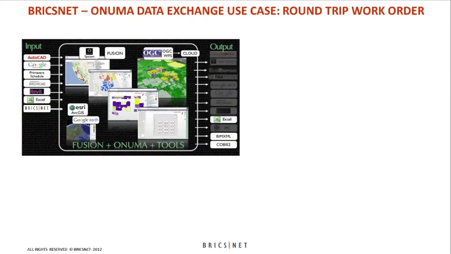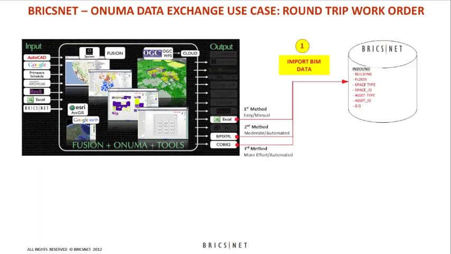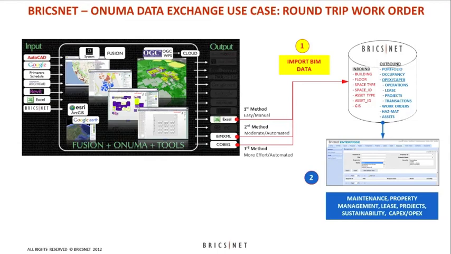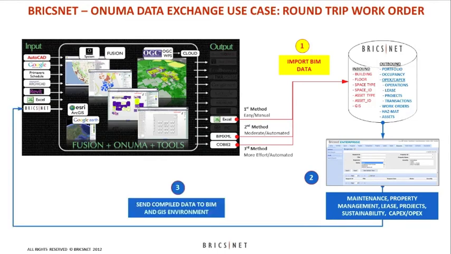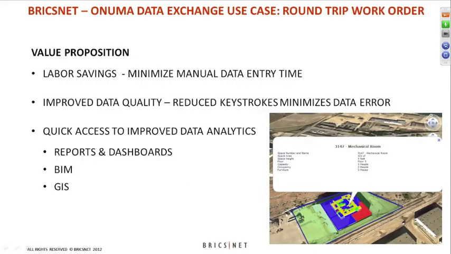And again, the point that we're showing is that if we can move all this information about work orders, then we can start to think about taking all sorts of other information such as portfolio and occupancy and lease information and project information, and then pull that information back up into the Onuma environment.